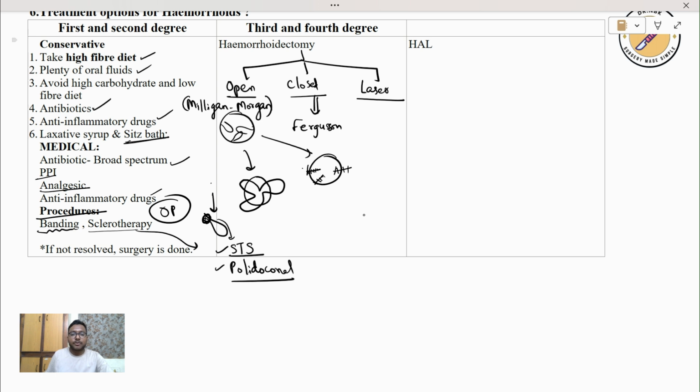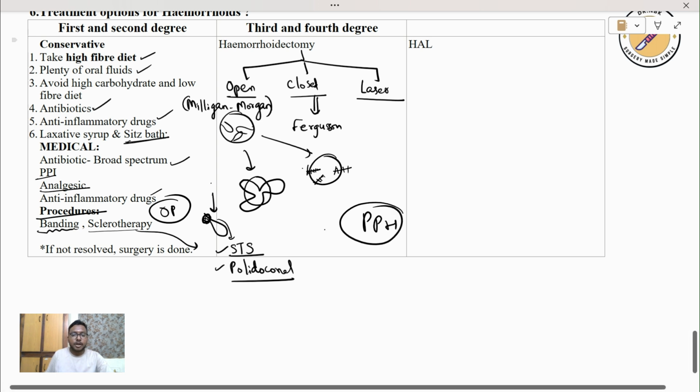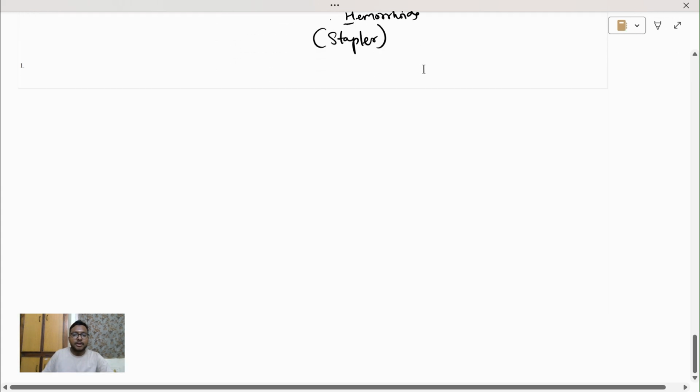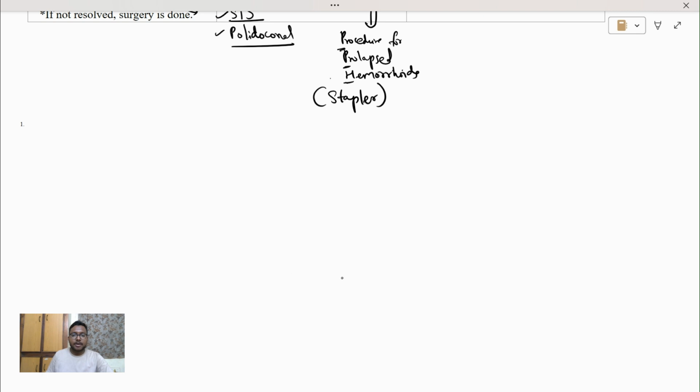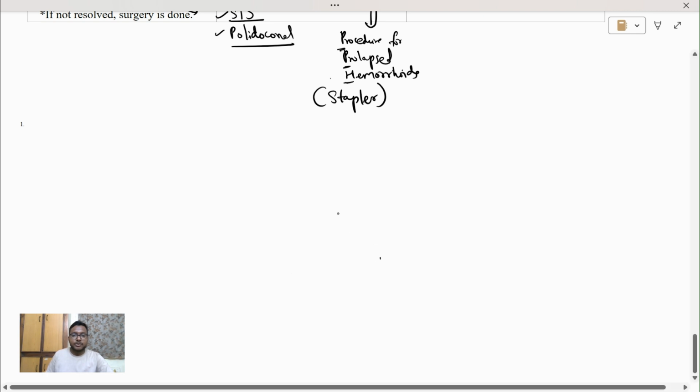Then there is another important procedure called PPH. It is also one type of hemorrhoidectomy, called procedure for prolapsed hemorrhoids. Usually only for internal hemorrhoids this procedure is done. This is nothing but stapler hemorrhoidectomy, where with the help of a circular stapler, you will remove or excise the hemorrhoids which are only internal.